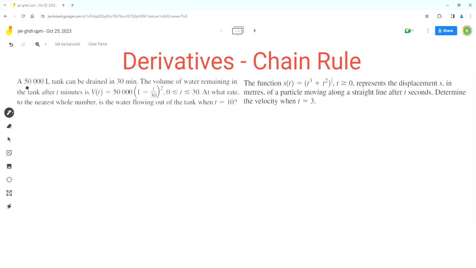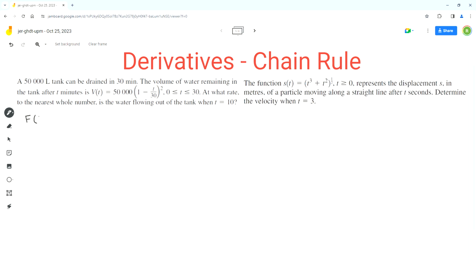Now the capacity of the tank is 50,000 liters, and the amount of volume that remains in the tank after t minutes is this 50,000(1 - t/30)^2. So that means the amount of water that has flowed out of the tank can be written using this function.